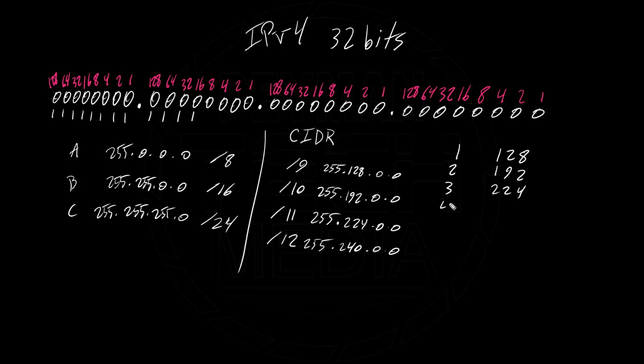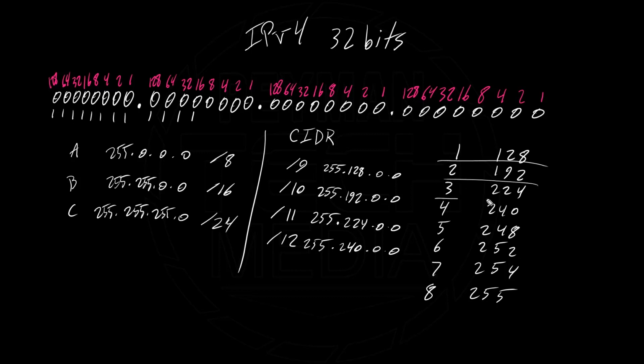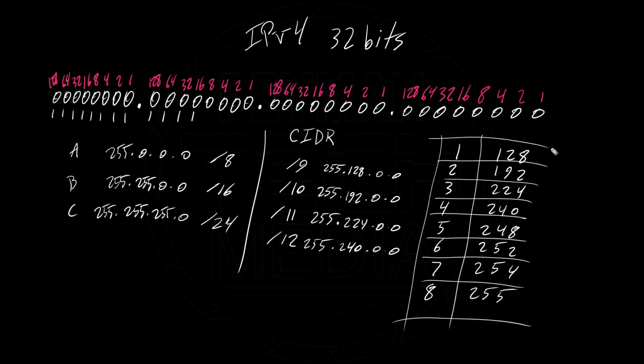When we borrow 4 bits, it's 240. 5 bits, it's 248. 6 bits, 252. 7 bits, 254. 8 bits, it's 255. So always keep in mind, this is the table that you need to memorize and remember, because it is always the same.